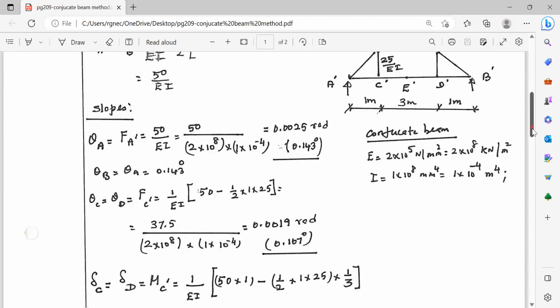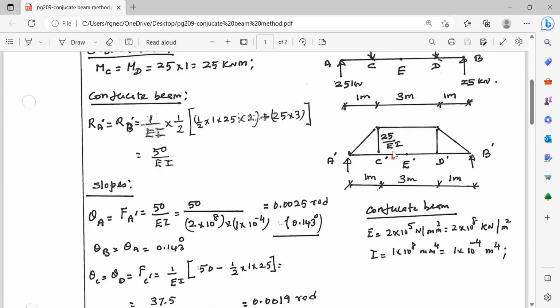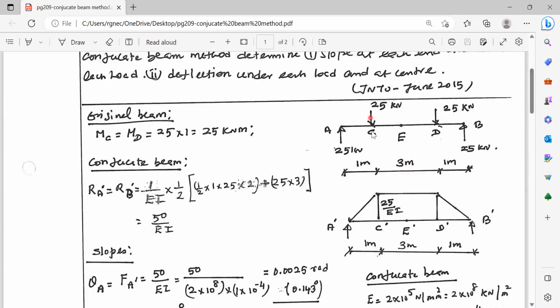Now let us calculate the deflection at points C and D. That is, we have to calculate the deflection under the load, that is at C and D. So deflection at C is equal to bending moment at C dash. This is the given beam, this is the conjugate beam. What is the bending moment at C dash? We have one bending moment due to this reaction RA dash and another bending moment due to this downward triangular load.